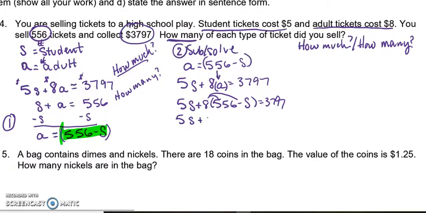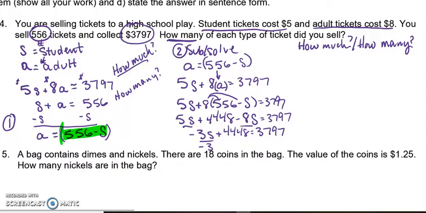So this is plus 4448 minus 8S equals 3797. Then we're going to combine our like terms.